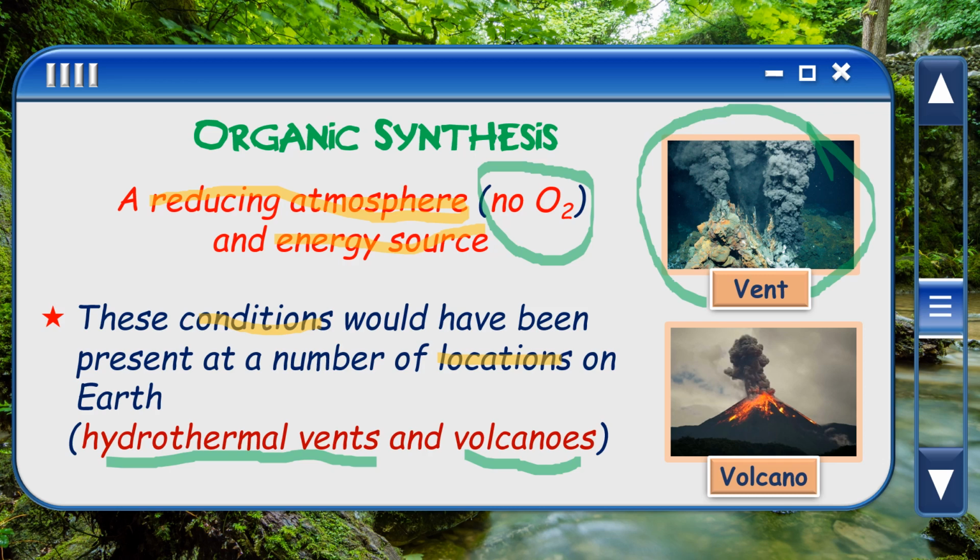And in these volcanoes, we have a lot of supply of heat energy. So that's what they are proposing: that the conditions required for organic synthesis, the reducing atmosphere, might have been present in the vents.